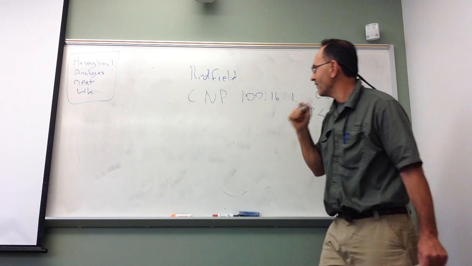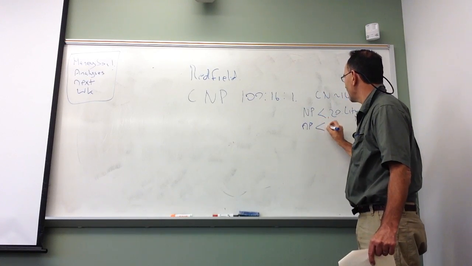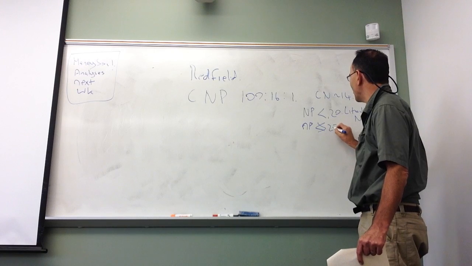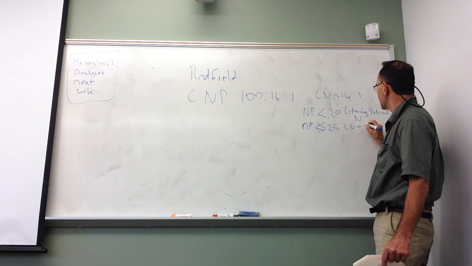If N to P is greater than 25, the limiting nutrient was phosphorus.